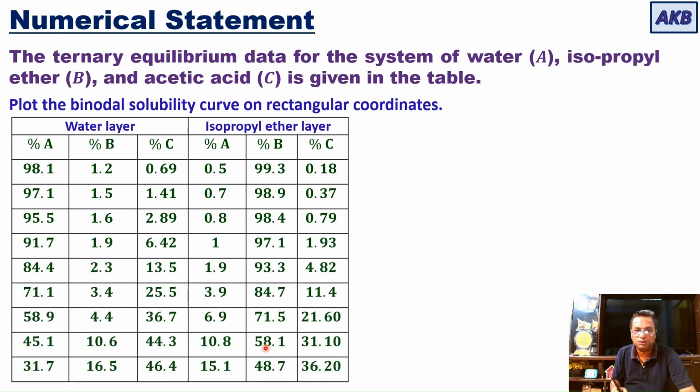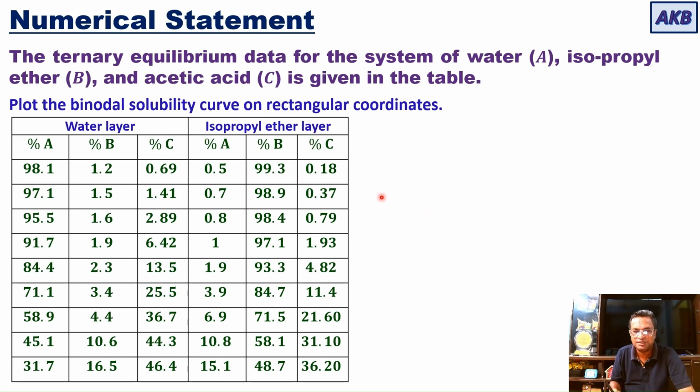You have the water layer, and for the water layer, the percentage weight of each component is given. Similarly, data for the isopropyl ether layer is given. So you have percentage weight of A, B, and C for the water layer, and then percentage weight of A, B, and C for the isopropyl ether layer.